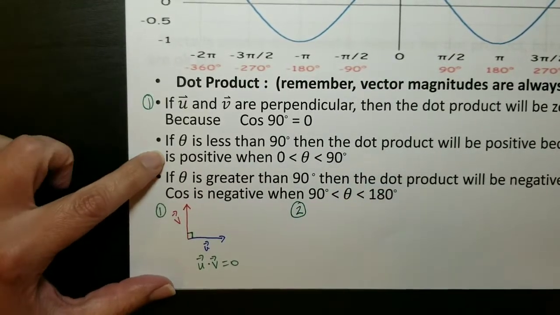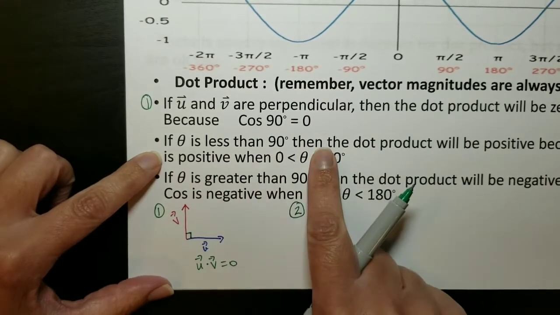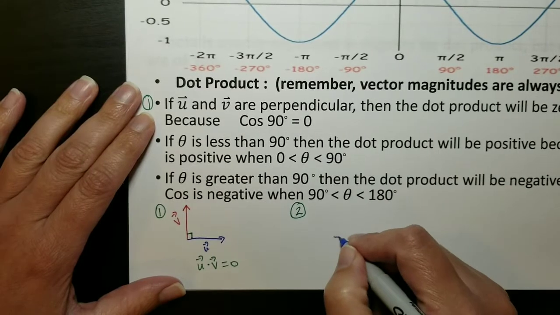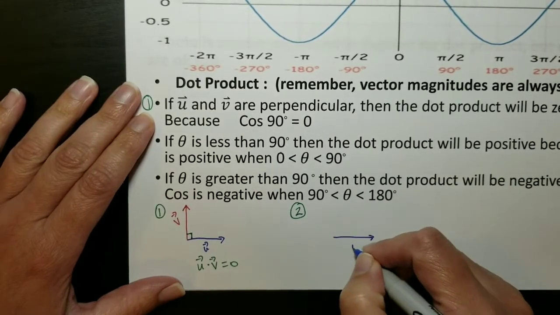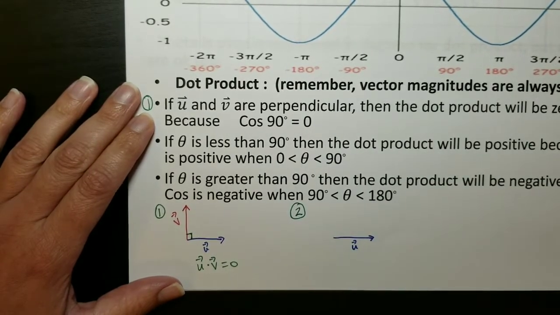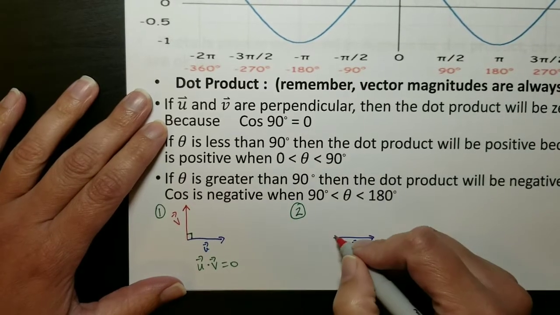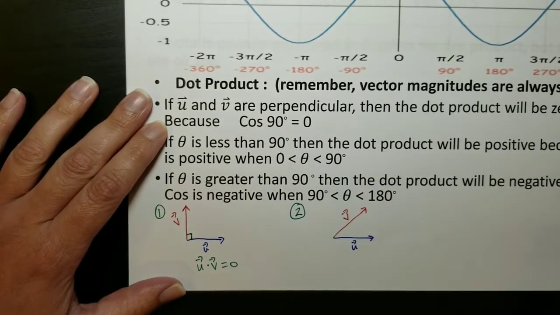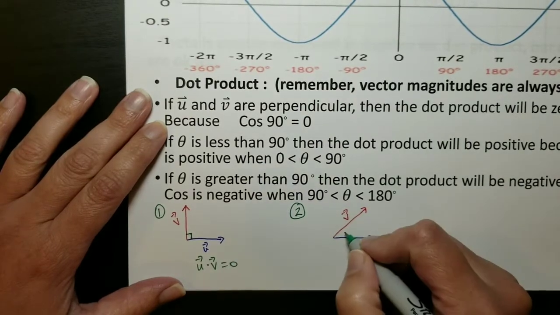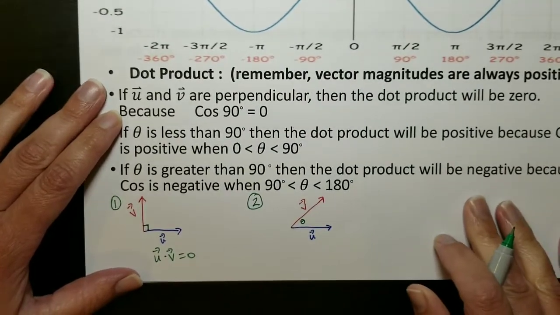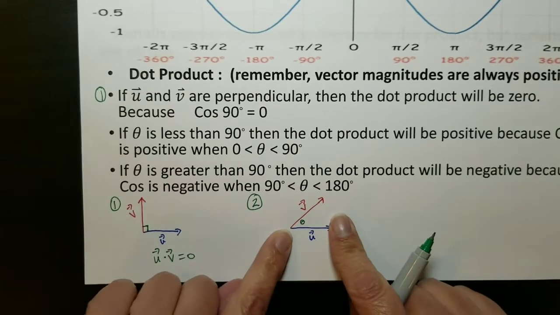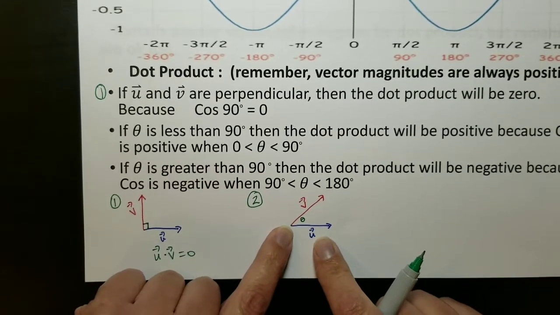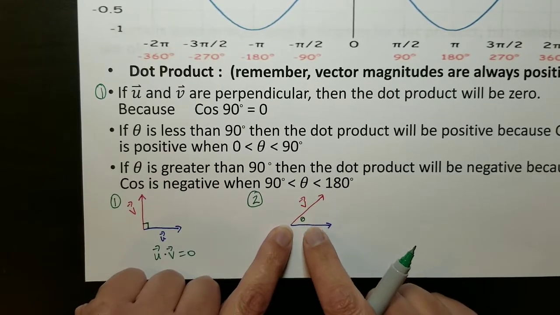The second case, if theta is less than 90. So here, if I were to draw these vectors out with an acute angle of theta, like that, then the magnitude of u is always positive, magnitude of v is positive.